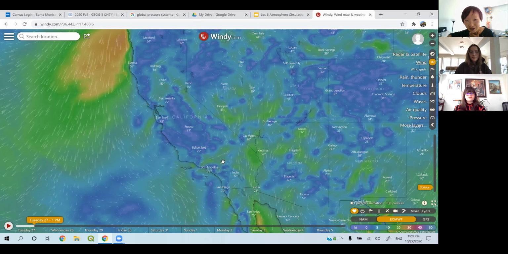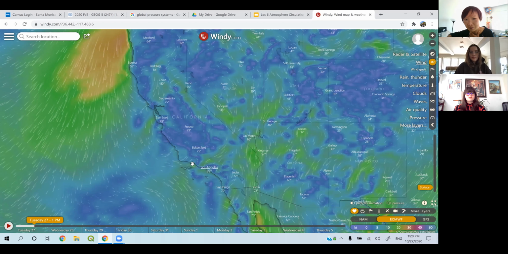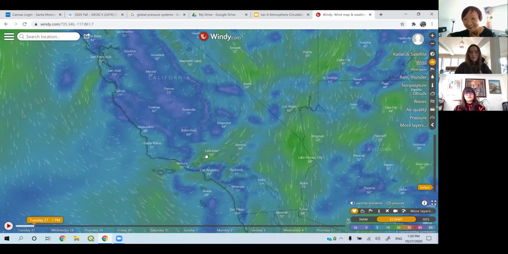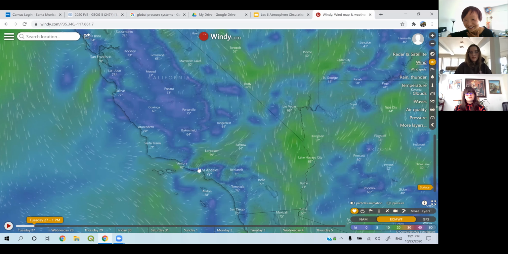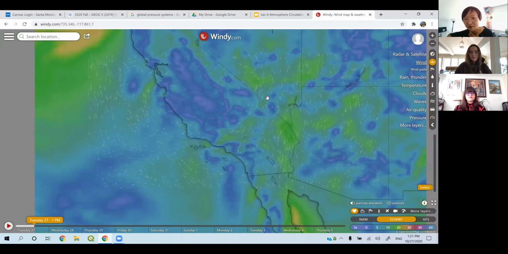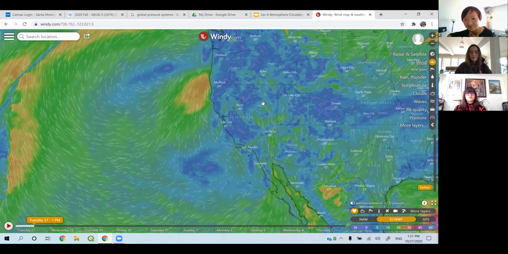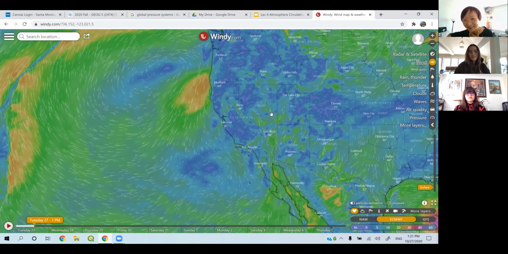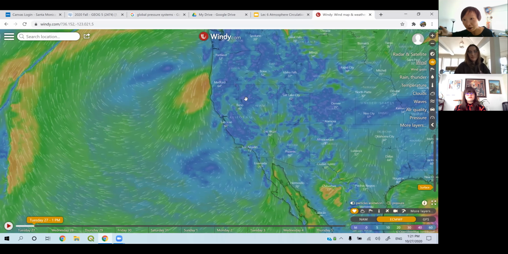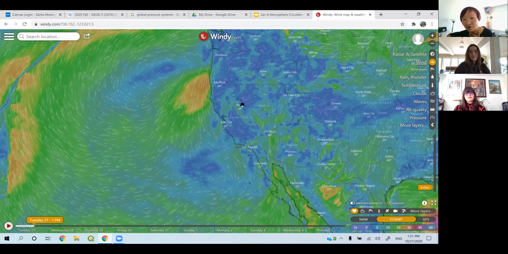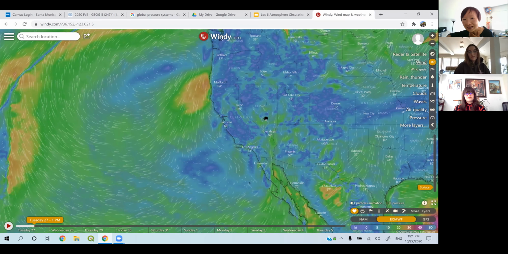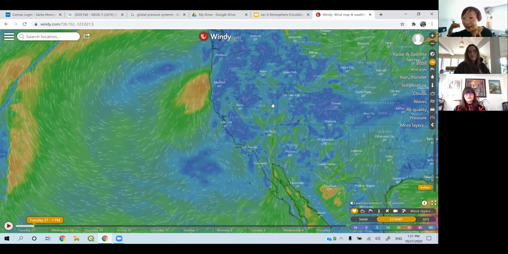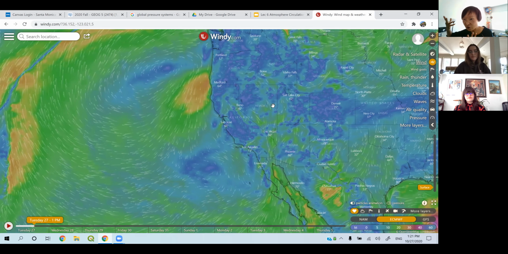Down here we have very strong wind, especially in Santa Barbara. They call that the sundowner wind over here. And you can see where it comes from: Nevada. I overlaid the temperature, and over the land the temperature is very, very low, because in fall the land gives up its heat very quickly.